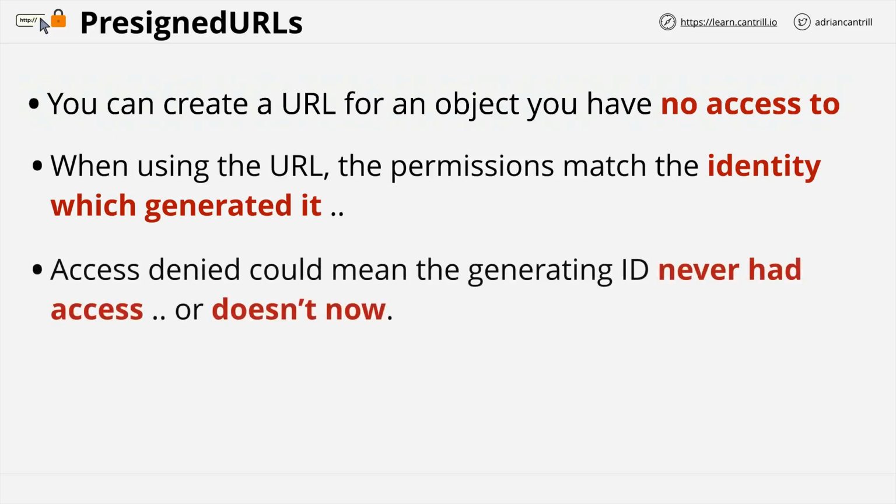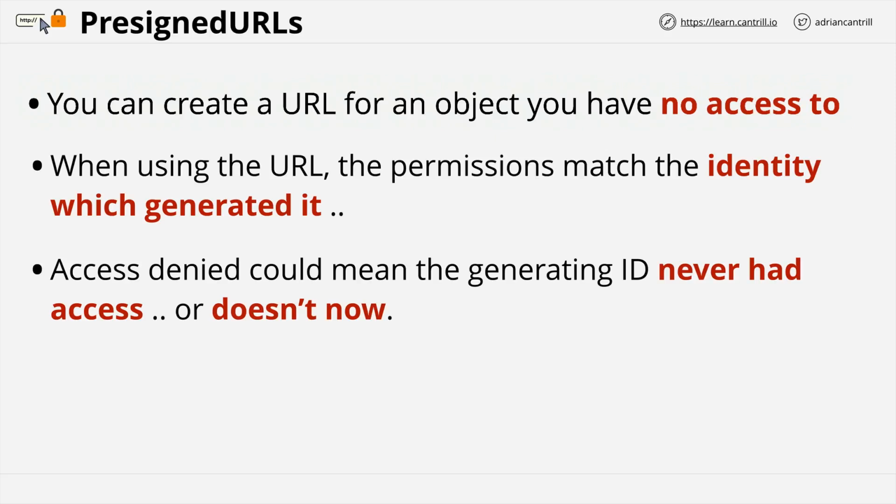If you get an access denied error when you attempt to use a pre-signed URL to access an object, it could be that the identity that generated that URL never had access, or it could be that it simply doesn't have access right now. Those are two very important nuances to understand about pre-signed URLs.